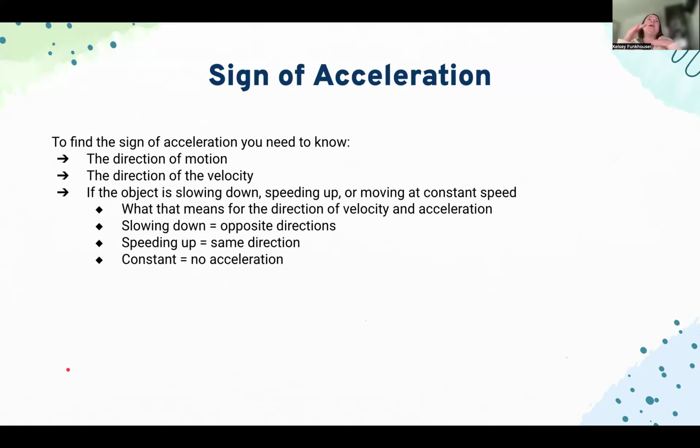And here's what it means. Slowing down, velocity and acceleration are in opposite directions. That acceleration is what is causing the slowdown, and it needs to point in the opposite direction of the velocity to do that. Speeding up, they point in the same direction, and that is how the velocity increases. And then if the velocity is constant, that means the acceleration is 0.